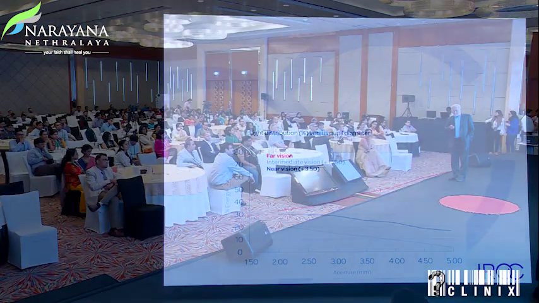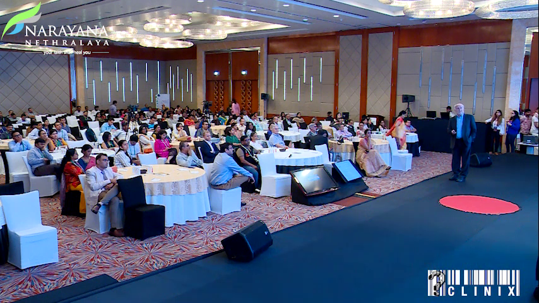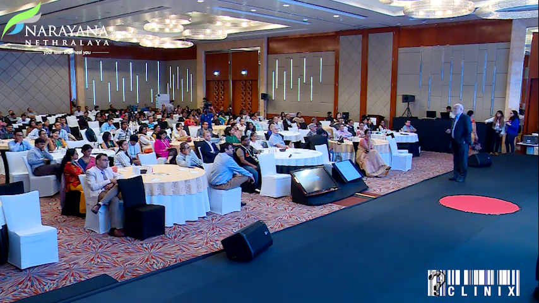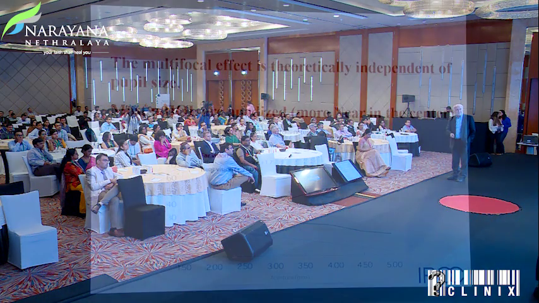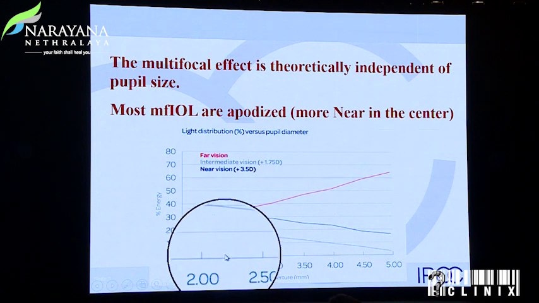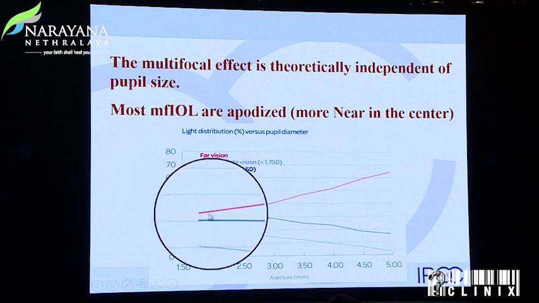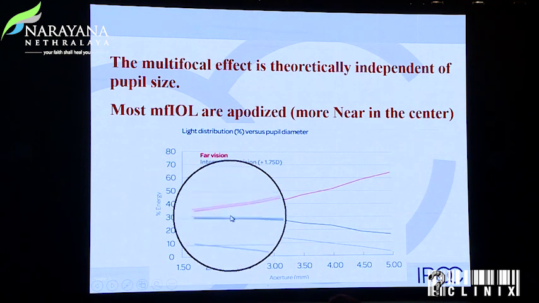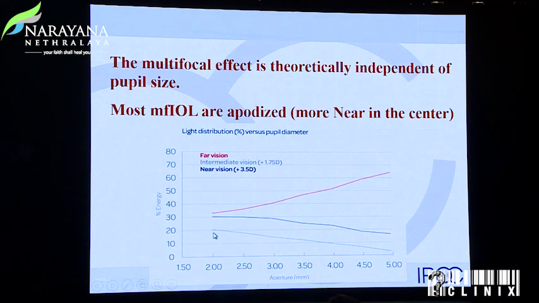Most of those lenses, the multifocal effect is theoretically independent of the pupil size, and most of those multifocal IOLs today are apodized. What does the apodization mean? The apodization means that here in the center, at 2 millimeters area, you have 40% of the light in the distance vision focus, 30% in the near vision focus, and 20% in the intermediate distance focus.